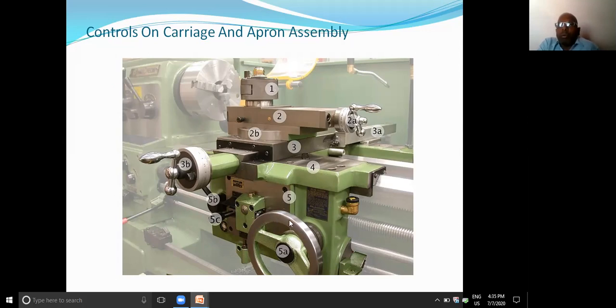Observe carefully. The movement for the carriage or saddle is provided with this gear wheel, whereas the motion for the cross slide is provided with this hand wheel.